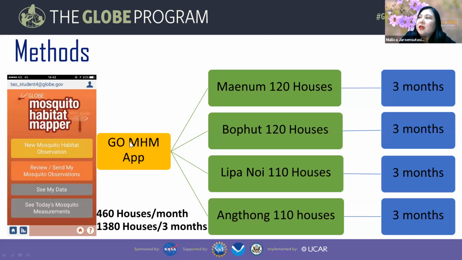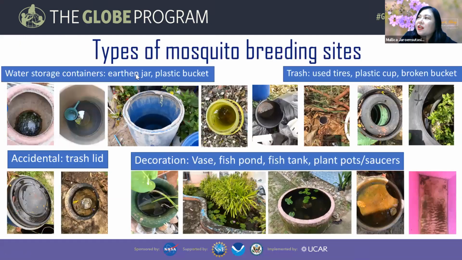Here I have 10 staff per sub-district, and each month they go and collect 120 houses per sub-district using the Globe Mosquito Habitat Mapper app, and we have conducted this for 3 months already. And here are the containers. They have plastic containers for water storage.